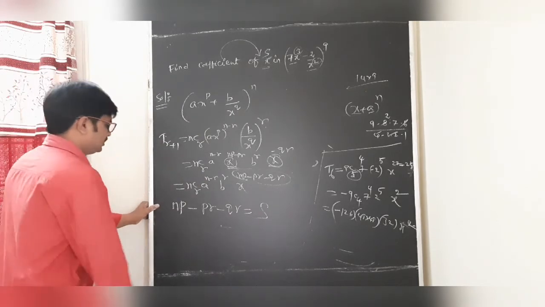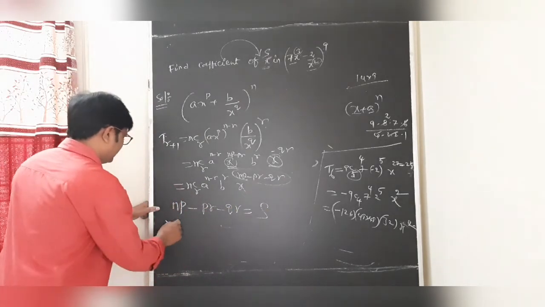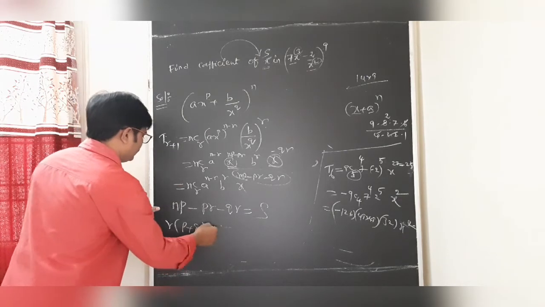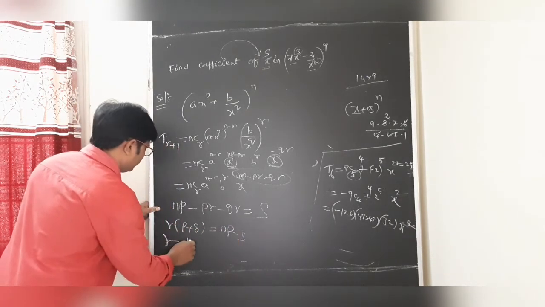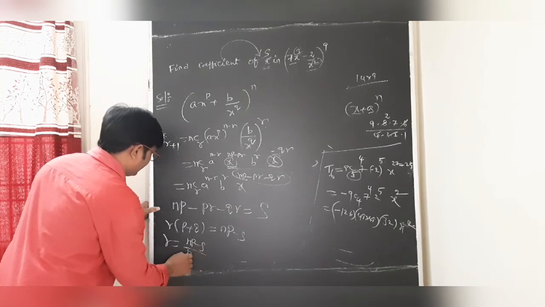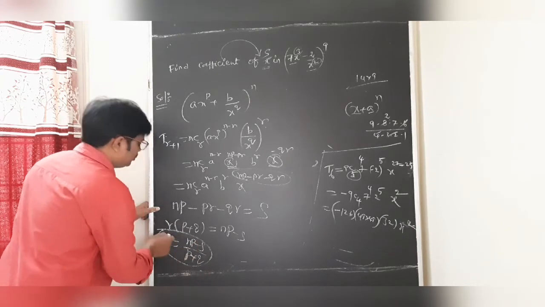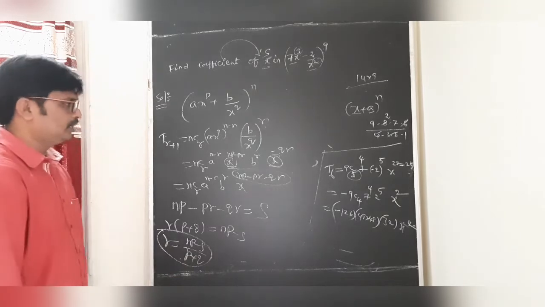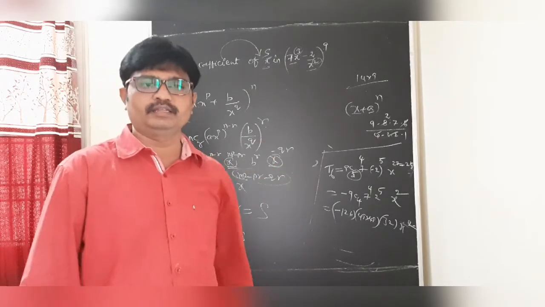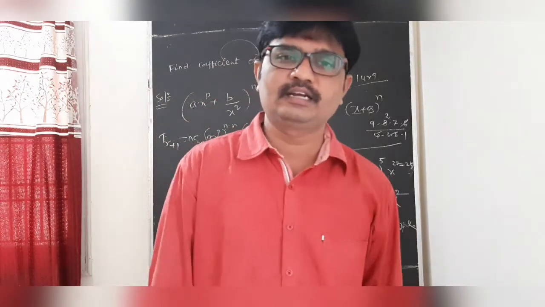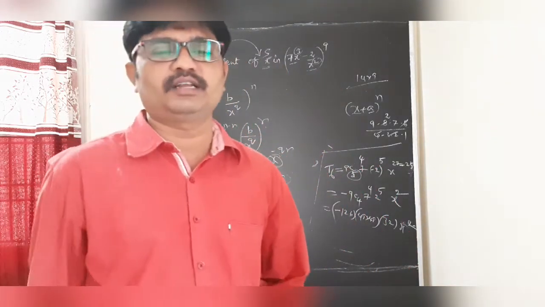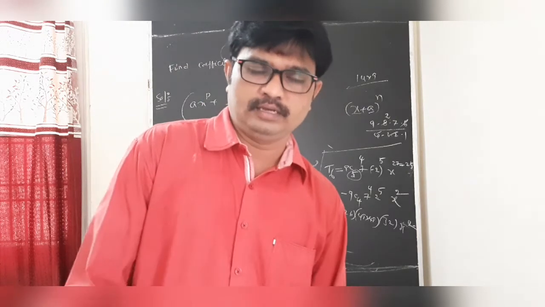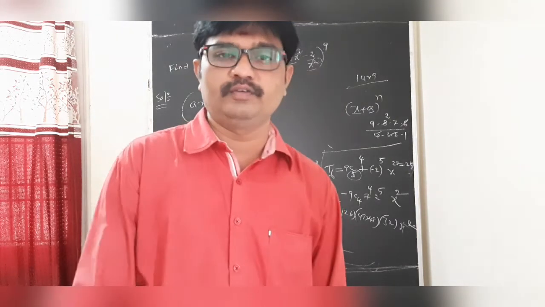Dear students, this will be sent to the other side. (p plus q) r is np minus s. r equal to (np minus s) by (p plus q). When you have to find the r value, then you can directly apply the general form. Then you can directly find the coefficient of x power s in the expansion of the given binomial.